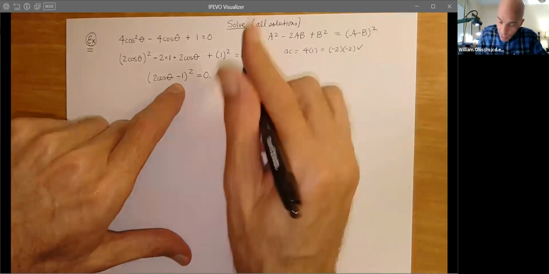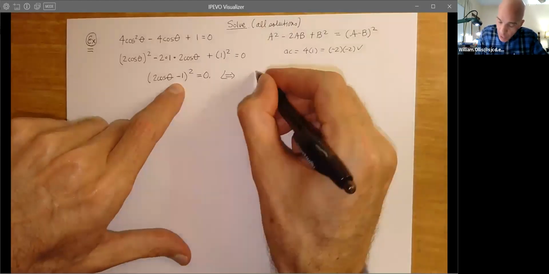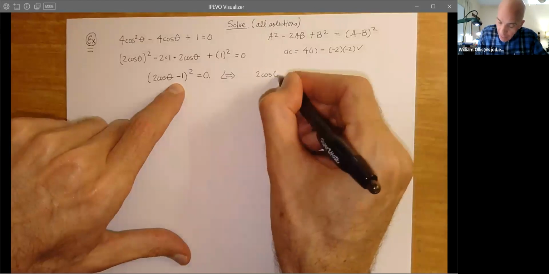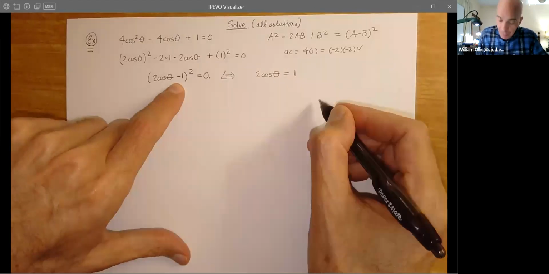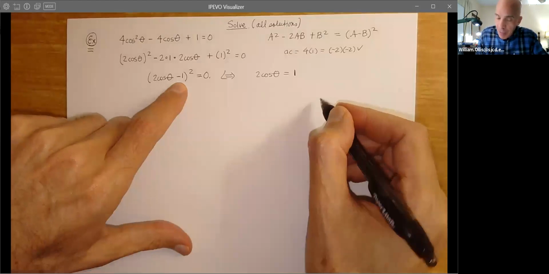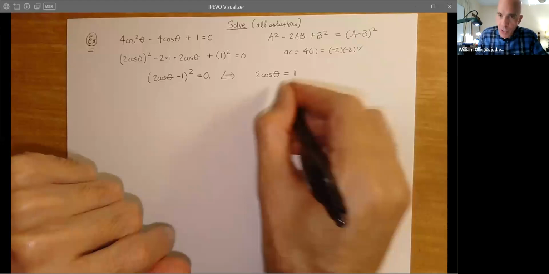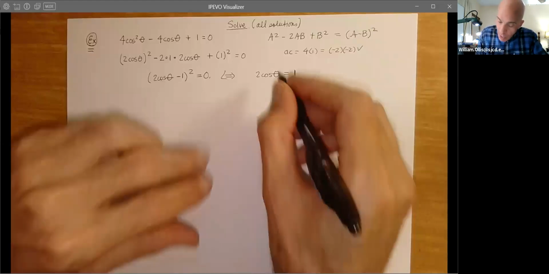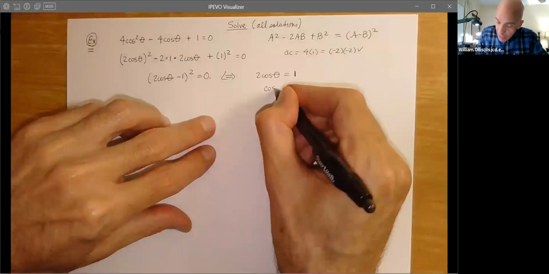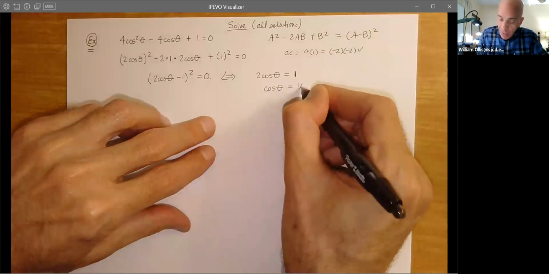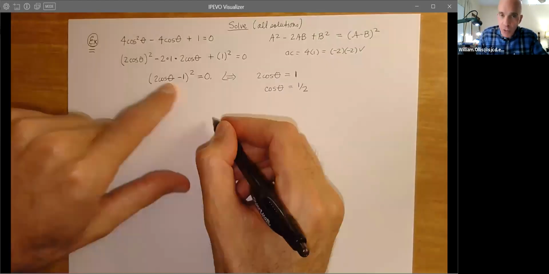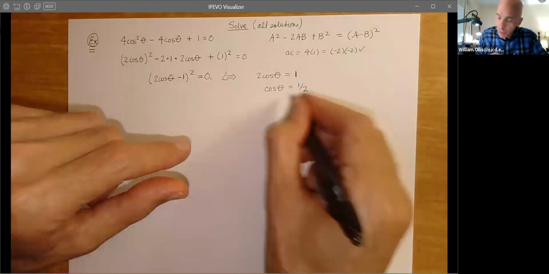So this is only true if 2 cosine theta equals 1. I'm solving this a little bit different way. Normally I just factor the 2, but now I'll just solve it like you do in Algebra 1. So this just says cosine theta equals 1/2, if you want to look at it that way.